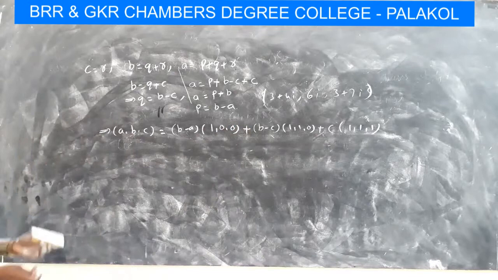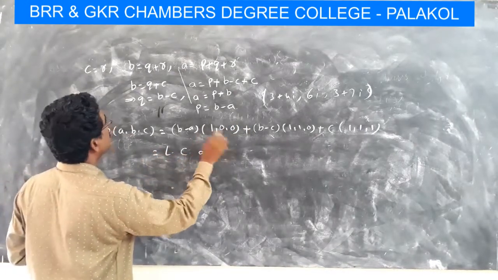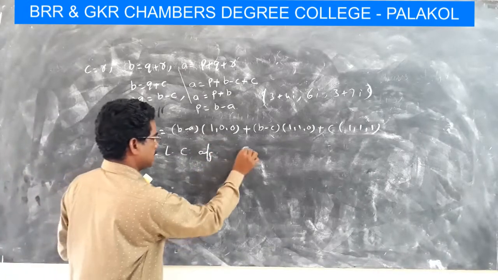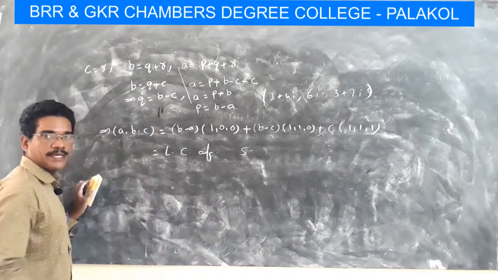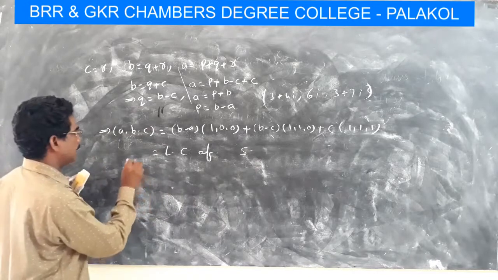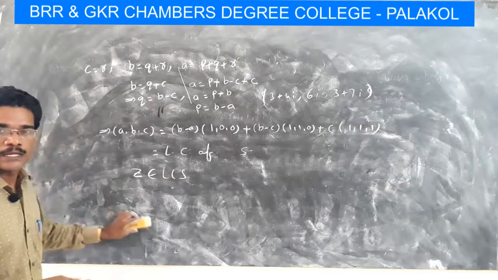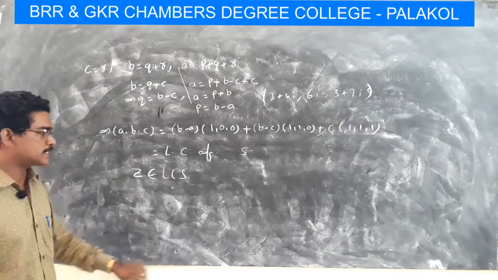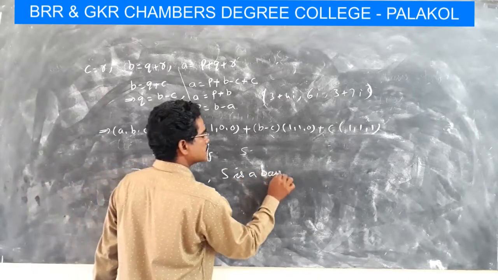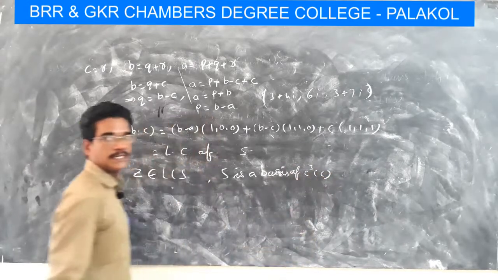Here it is a linear combination of the elements of the given set S. So Z belongs to L of S. So S is a basis of C cube over C.